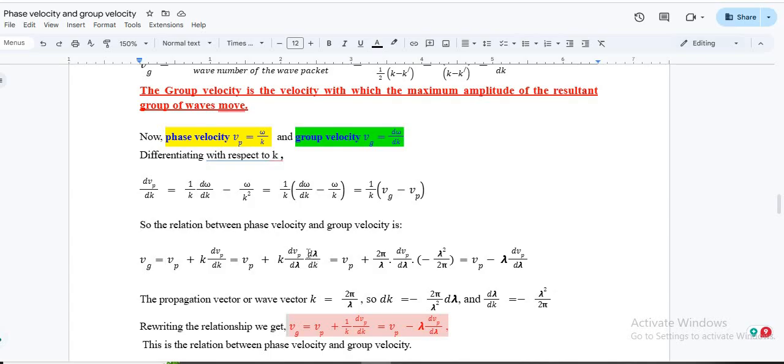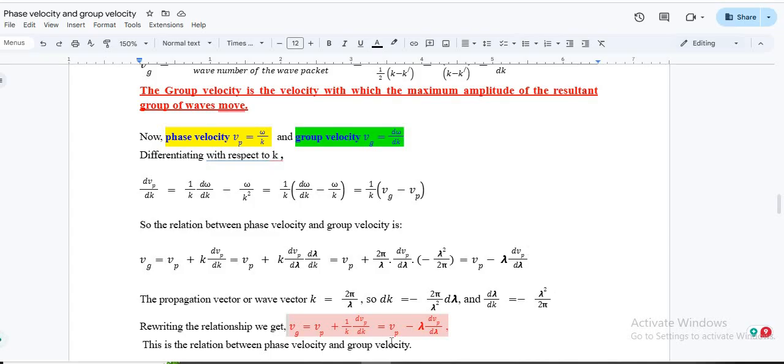I am replacing d lambda dk by minus of lambda square divided by 2 pi. Now obviously the 2 pi will cancel out, and with lambda square and the lambda, the minus of lambda is left. So what is the expression left? Vg is equal to Vp minus lambda dVp d lambda.